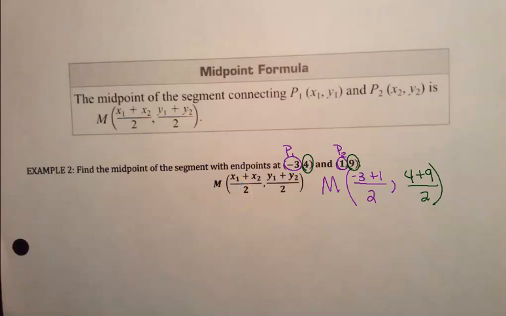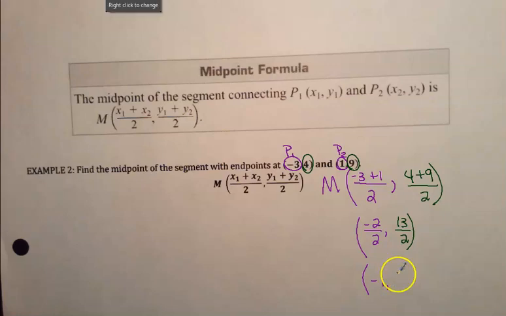All right, so let's go on. So our x coordinate, -3 plus 1 is going to be -2 over 2. Our y coordinate, we have 4 plus 9. That's going to give us 13 over 2. Okay, we keep going so we can simplify. -2 divided by 2 is -1. 13 divided by 2 is 6.5.